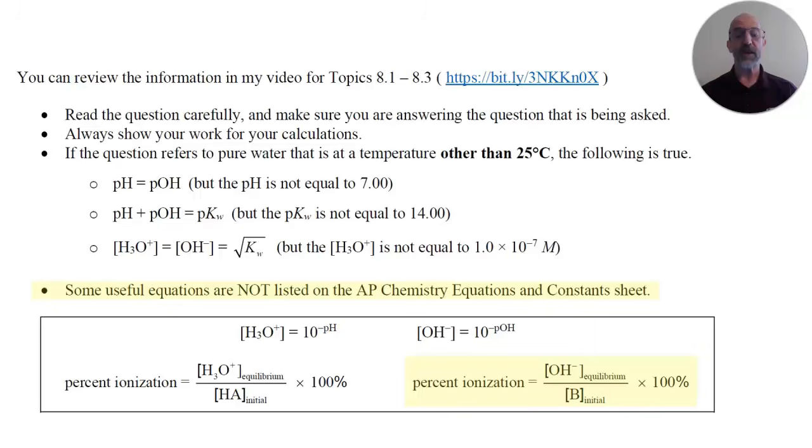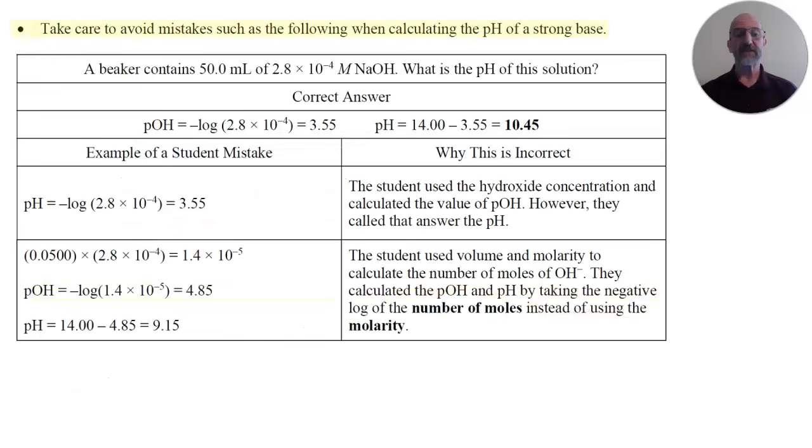These are useful equations, but they are not listed on the AP Chemistry equations and constant sheet, so be aware that these are equations that you should be able to know and use, but you won't find them on the equation sheet.